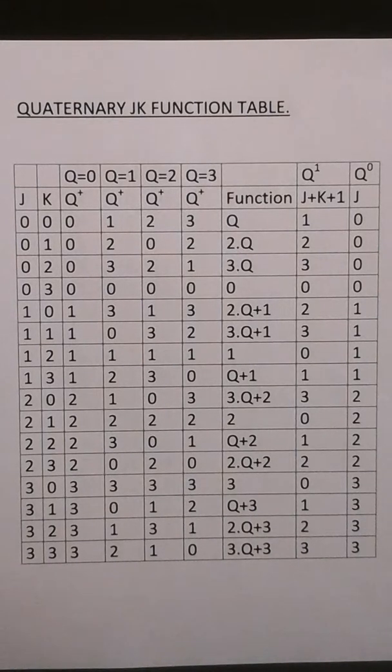Some of these functions are unusable: if you take the value of 2q plus 1, if q is a 3, q plus is a 3, so again it locks up. But the constants 0, 1, 2 and 3, and q plus 1, q plus 2, q plus 3 are usable.